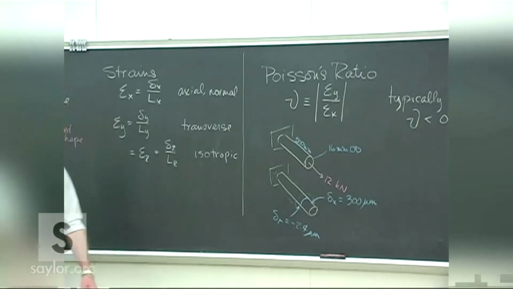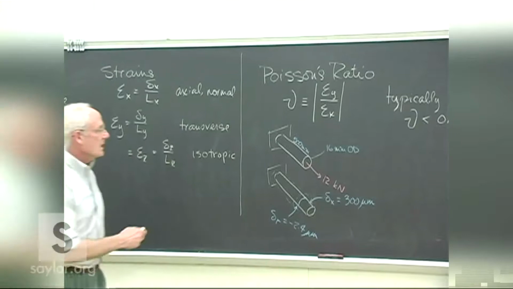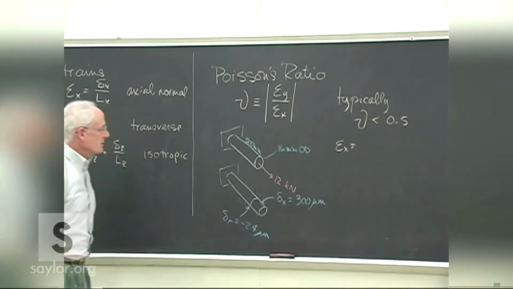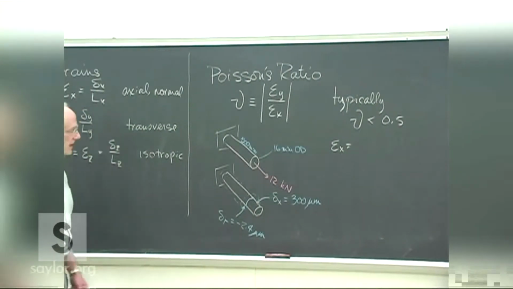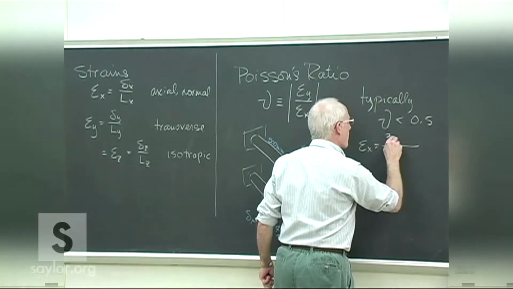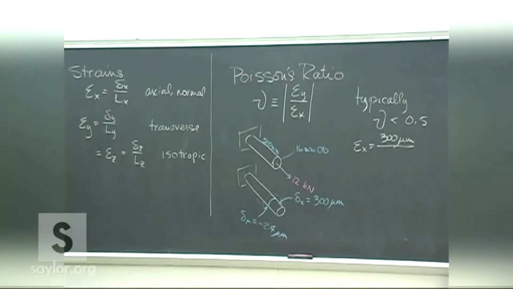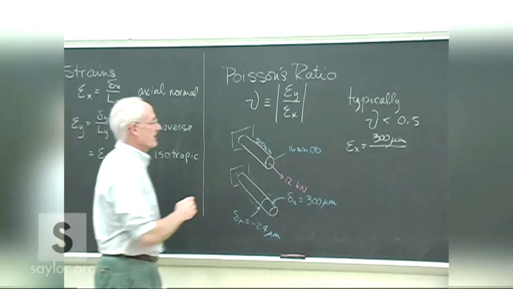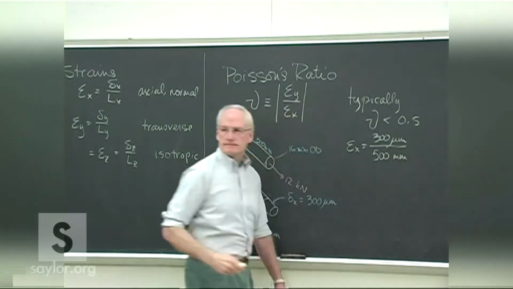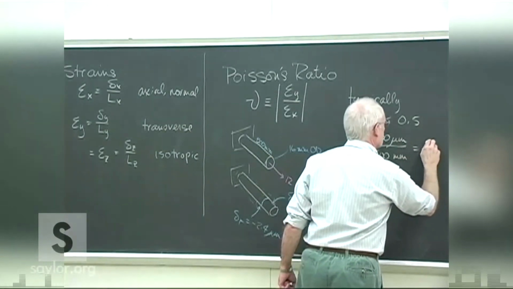All right, remember that problem? Of course you do. We calculated the strains in the two directions. The axial strain is the change in length, the 300 micrometers, over the original length, 500 millimeters. All I'm doing is reproducing the same numbers we found earlier.